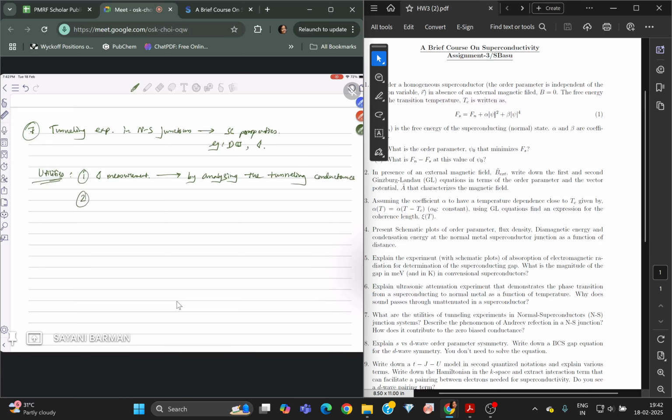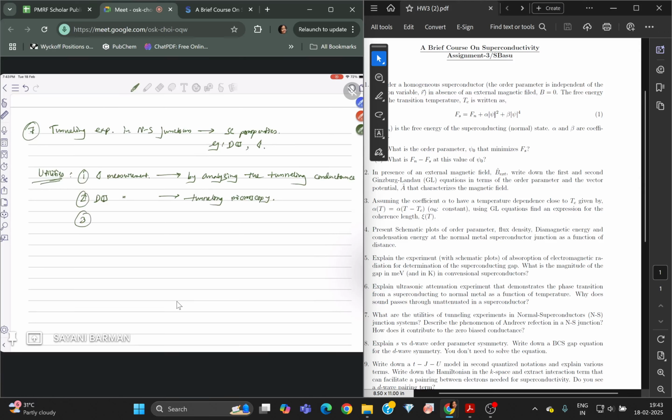Now DOS measurement. DOS can be measured by tunneling microscopy. Tunneling microscopy will tell you the electron density of states present in the superconductors.